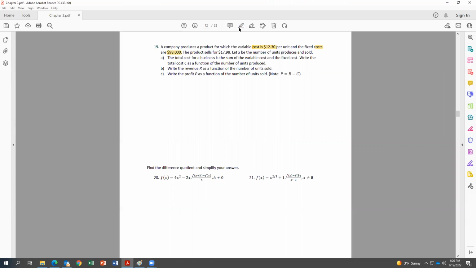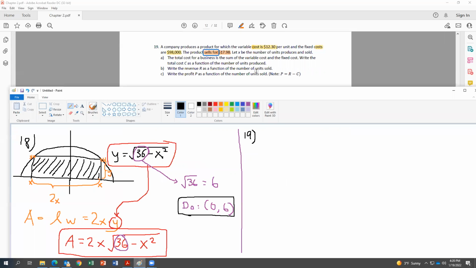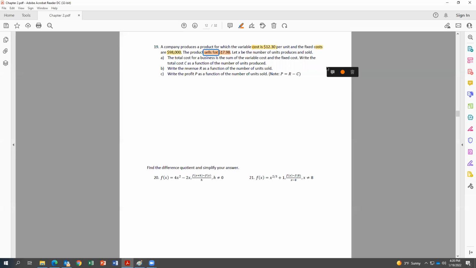Make sure you guys know that. Read the question really well. They will tell you which one is which. So the cost function in this case, they like to use the letter C for cost, has a variable cost of 12.30 per unit and a fixed cost of 98,000.